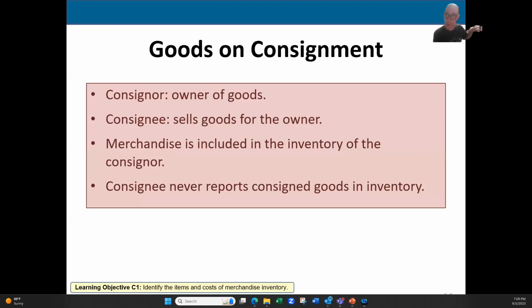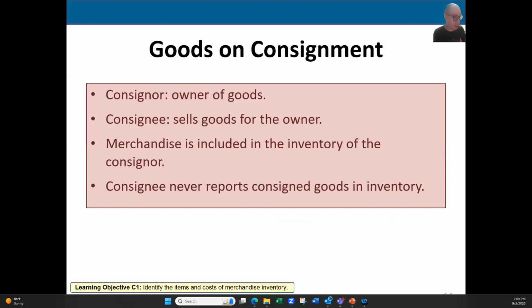It's just the one store that manages this whole operation. We call that a consignment shop. It's where individuals like me will take stuff I want to sell to a consignment shop, and I'll say, hey, can you sell these for me? They'll say, yeah, I'll sell them for you. And they'll take a little cut of the pie, and they'll give the rest to me. Sounds nice, right? Here's how it works.